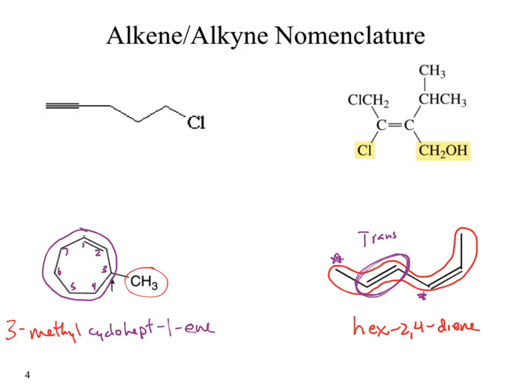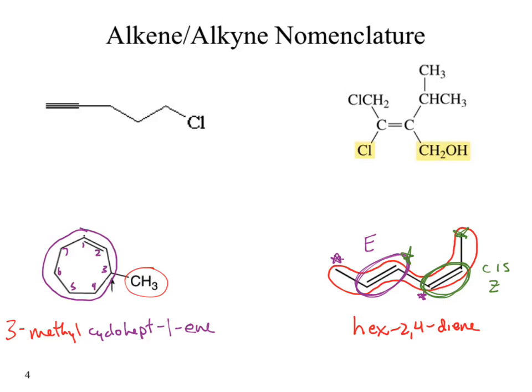To be fully correct, we have to label it not trans, but E. If we look at our now green double bond, our higher priority groups are on the same side, so we could call that cis. We can't call it trans. Z. They're on the same side.